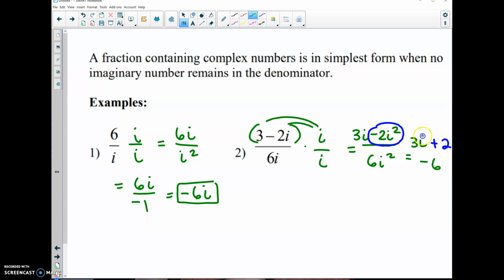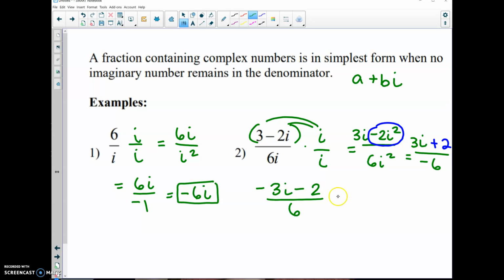3i stays 3i. Our standard form that we learned in the previous video is a plus bi. They are two terms. So we need to separate 3i plus 2 all over -6. Let's first distribute that negative sign to both of the numerator pieces. So we have -3i minus 2 over 6.